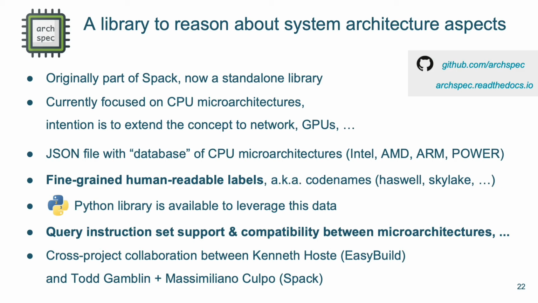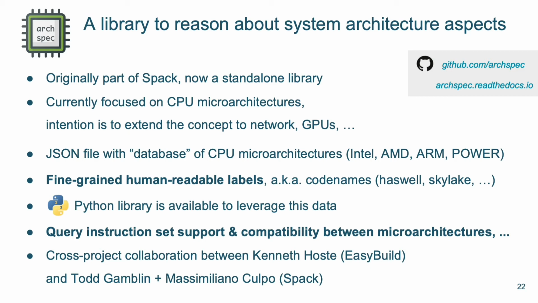It consists of two parts. It includes a JSON file, which is a database with detailed information about CPU microarchitectures, covering Intel, AMD, ARM, and Power CPUs, and it provides human-readable labels corresponding to the code names of the different CPU microarchitectures, like Haswell, Skylake, Rome, and so on.